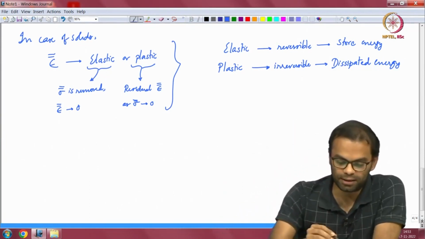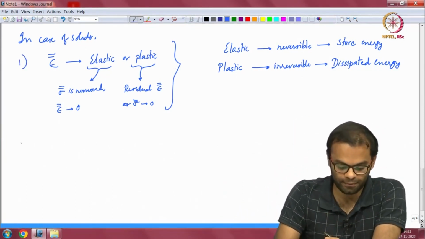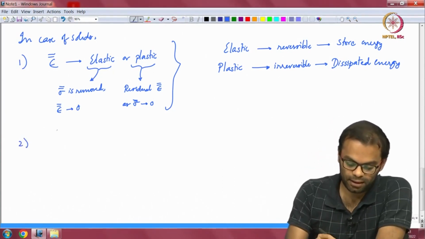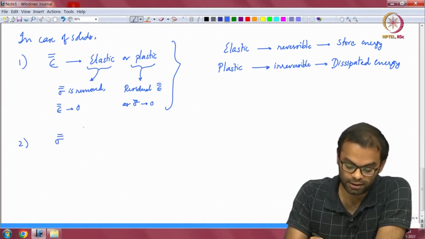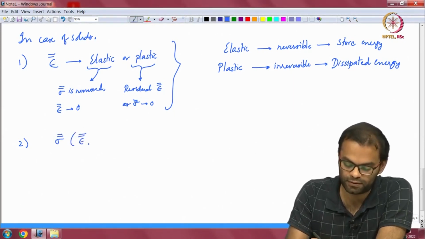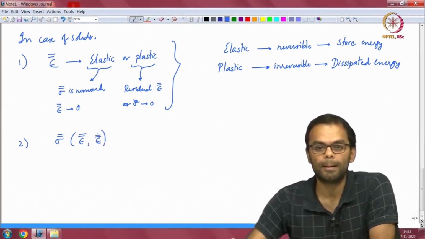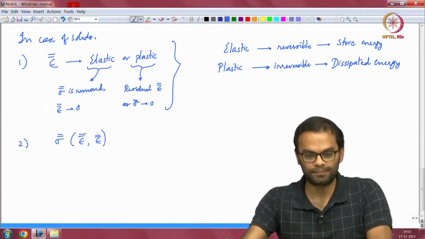But in addition to this, so this is the first complication. In addition to this, there is an additional complication, which is that the stress can also be a function not just of the strain, but also of the strain rate, okay.